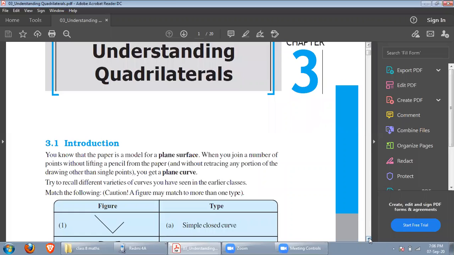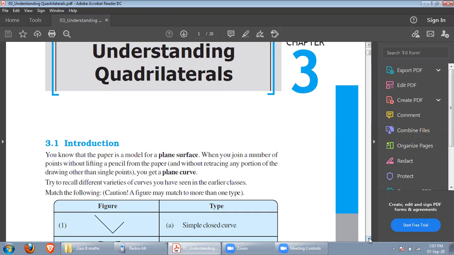Last time we discussed the construction of quadrilaterals, and I told you some properties of different types of quadrilaterals, like the parallelogram, and within the parallelogram the rhombus, rectangle, and square, and the properties of their angles, their sides, and their diagonals.